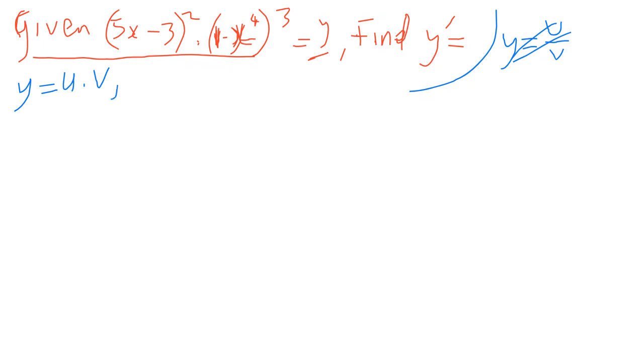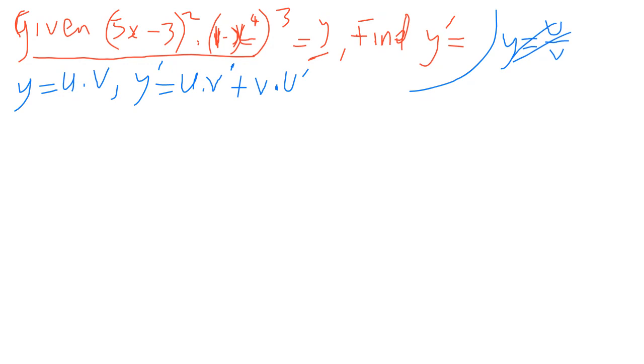And so y prime is u multiplied by the derivative of v, plus v multiplied by the derivative of u. So I want my u to be the first expression.